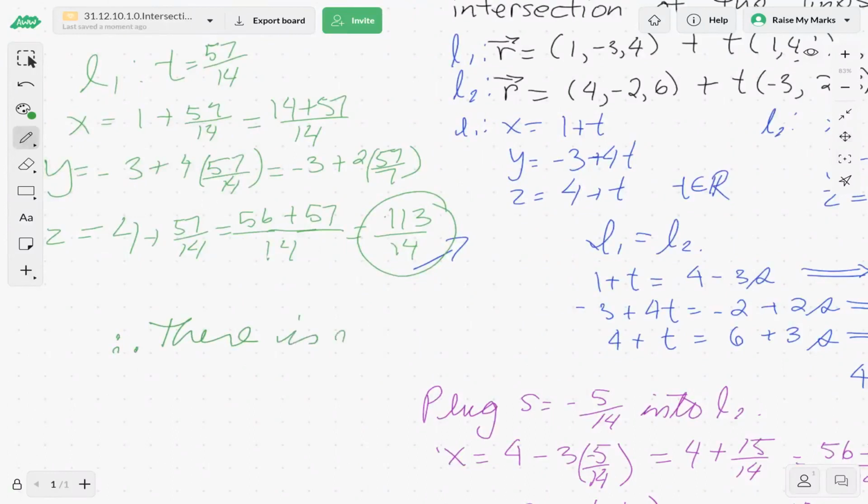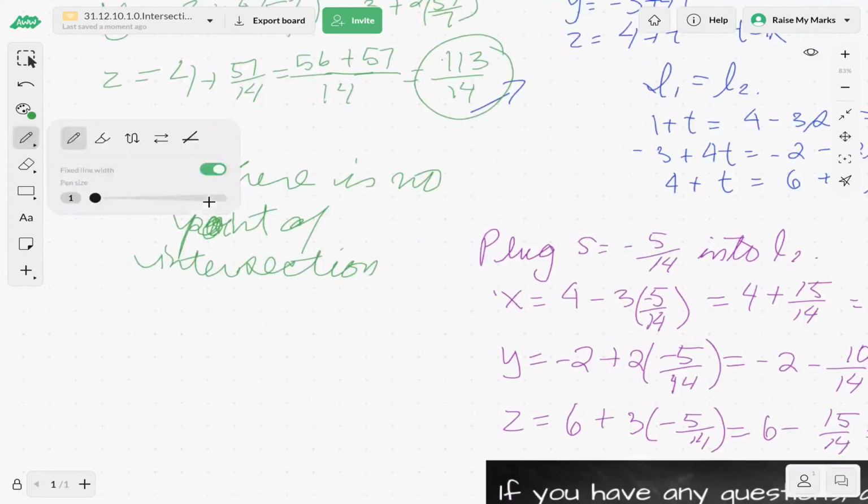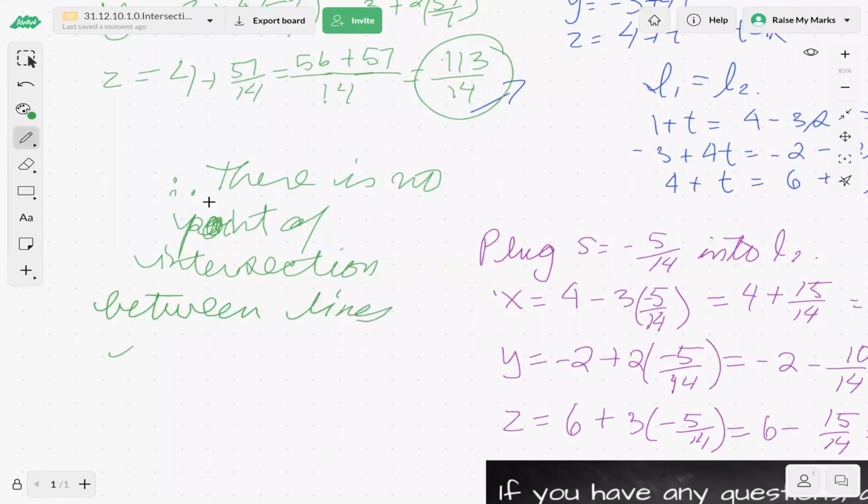There is no point of intersection between lines L1 and L2.